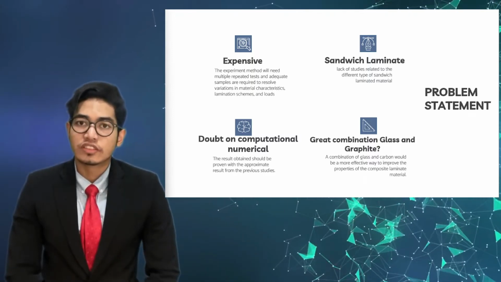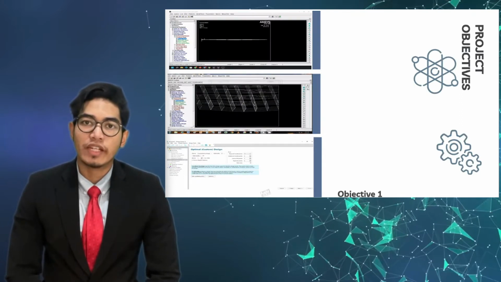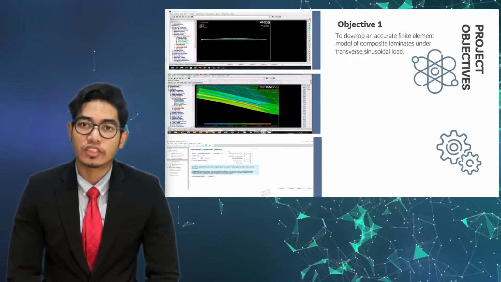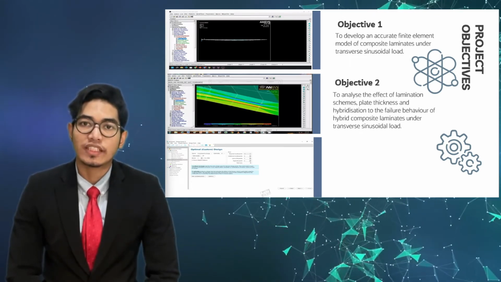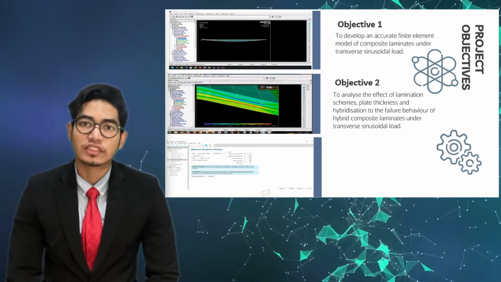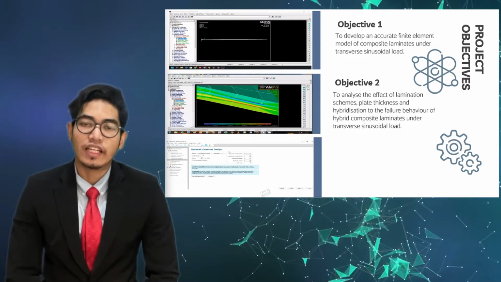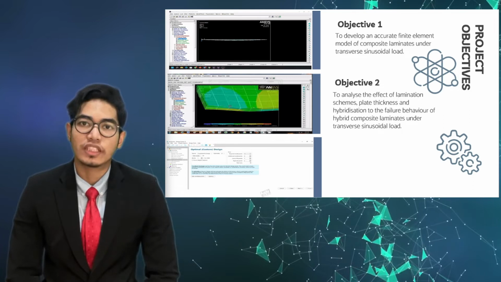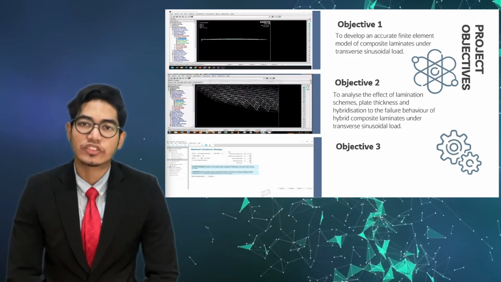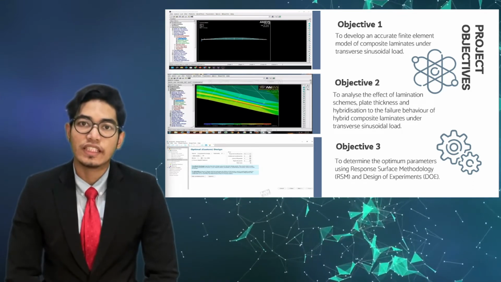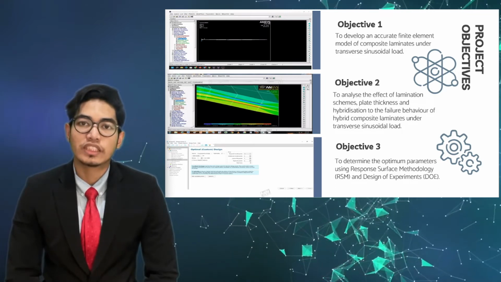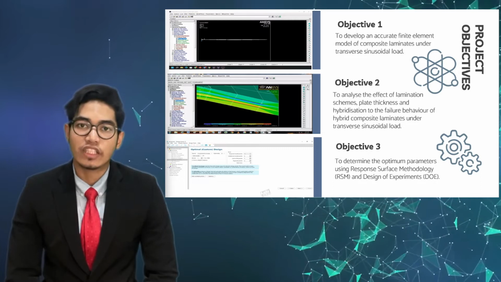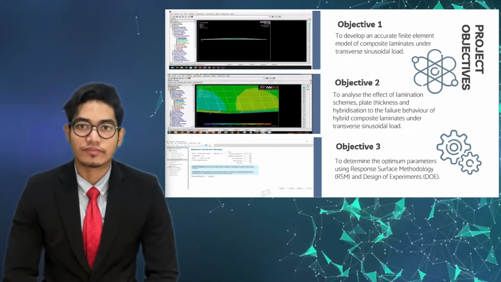The objective of this project is to develop an accurate finite element model of composite laminate under transverse sinusoidal load. In addition, to analyze the effect of laminate scheme, plate thickness, and hybridization on the failure behavior of hybrid composite laminate under transverse sinusoidal load. Lastly, to determine the optimum parameters using response surface methodology (RSM) and design of experiment (DOE).